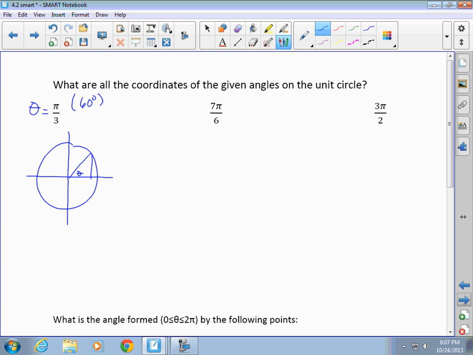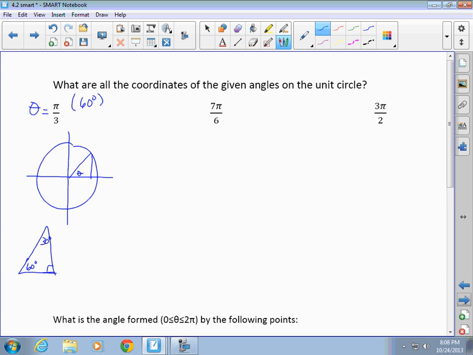They want to know what are my x and y coordinates. So on a 30, 60, 90 triangle, sorry, I need to put that the other way. That should be 60 down there. That's what I'm drawing there. So if this is 60 degrees, then this is my 30 degrees.